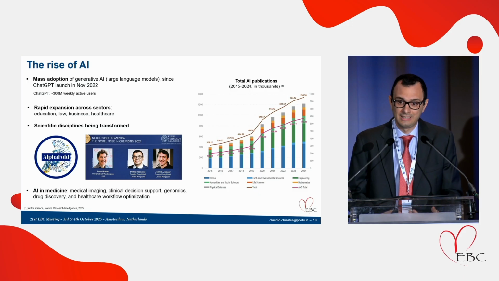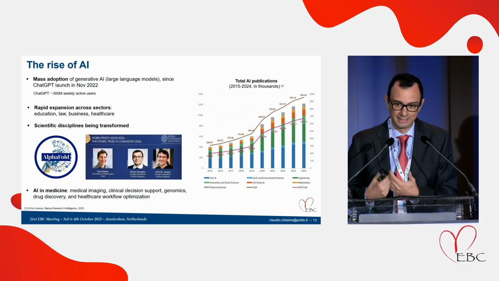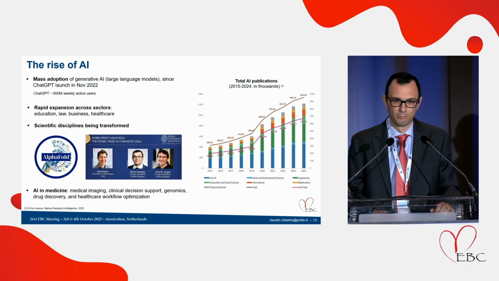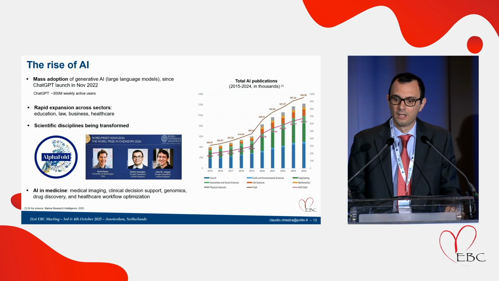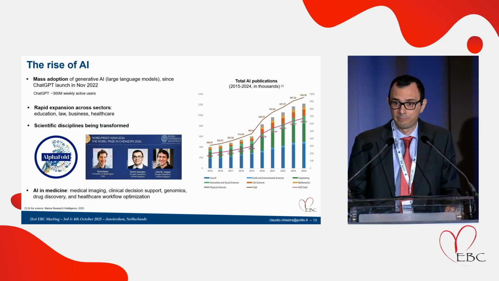So scientific disciplines are being transformed by the use of AI. The most striking example is the one of AlphaFold, which is a software used for predicting the protein structure, which was at the basis of the Nobel Prize in chemistry of last year.